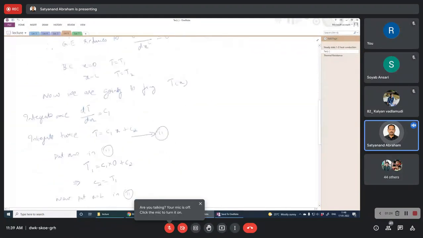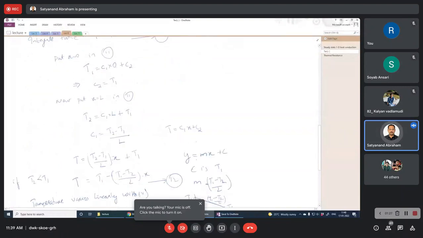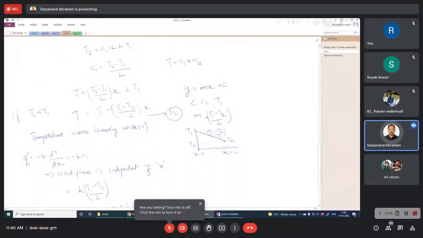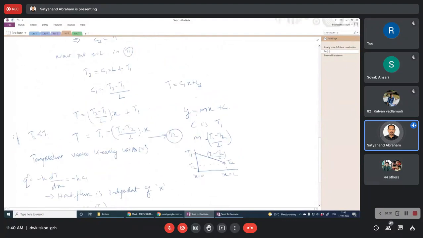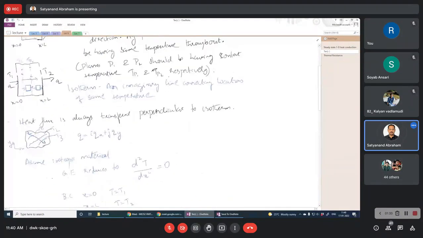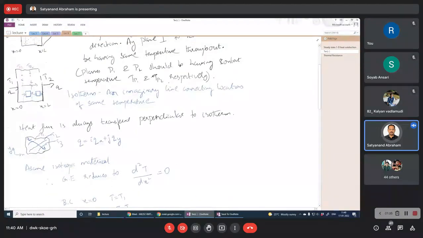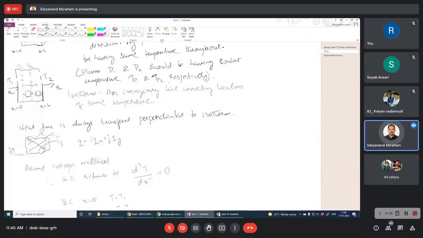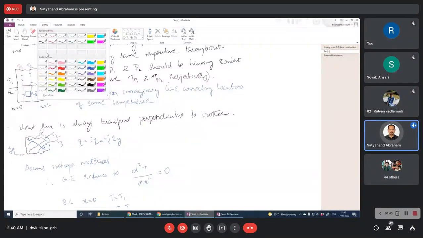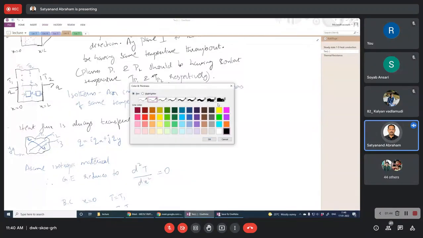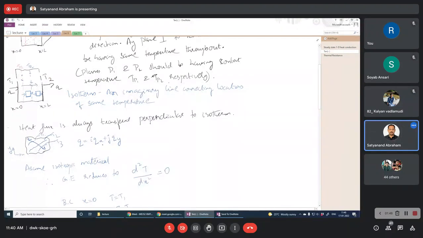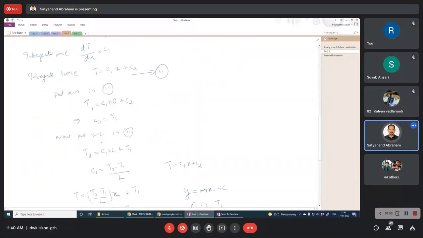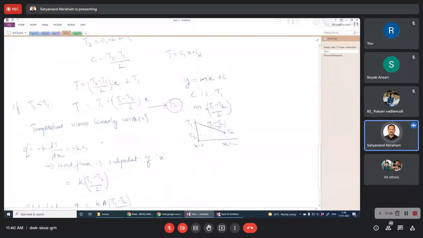Then, using the boundary conditions, we solved the equation, and we saw that for a constant temperature boundary condition on both sides, the temperature variation is a linear temperature profile.